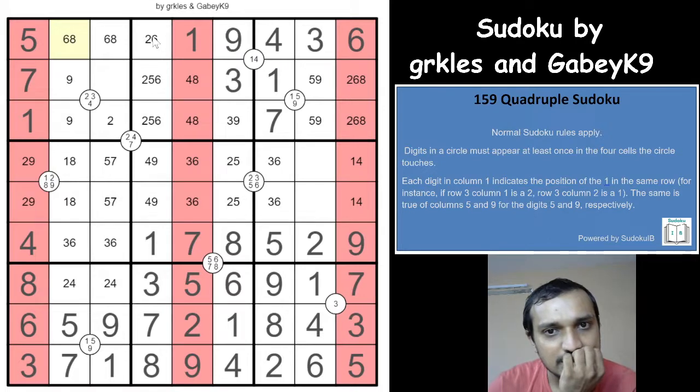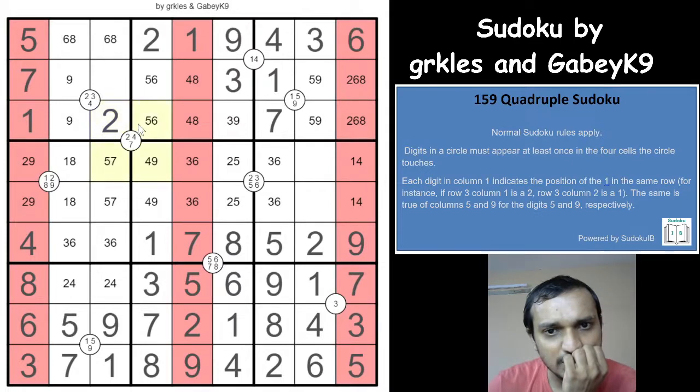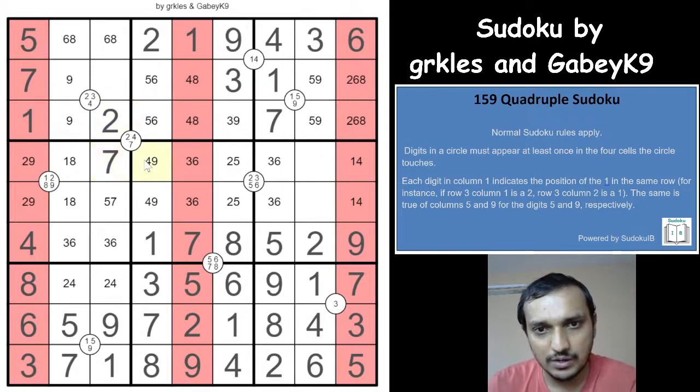So I was right. Then why did I go wrong? Let us see what mistake we did here. 2 won't be in these two cells. So this is a 2. So 4 and 7 would have to be here. Where did I go wrong? 1, 4. That 1 actually gives you a 9 and a 2 here. That gives you 5 and a 2 here.